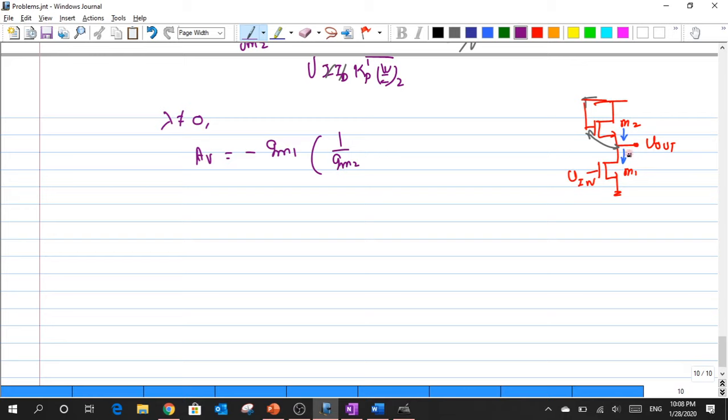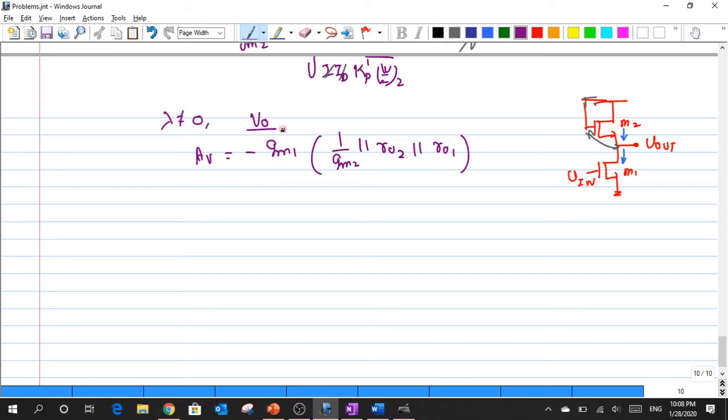When I look down, the impedance is just Ro1, and when I look up, it is 1 by gm2 in parallel with Ro2. That is the upward impedance, and looking down it is the Ro1 that I have. Now, does this gain equation pull the value of this Vout into account? That is the question we have right now, so let us try to answer that.